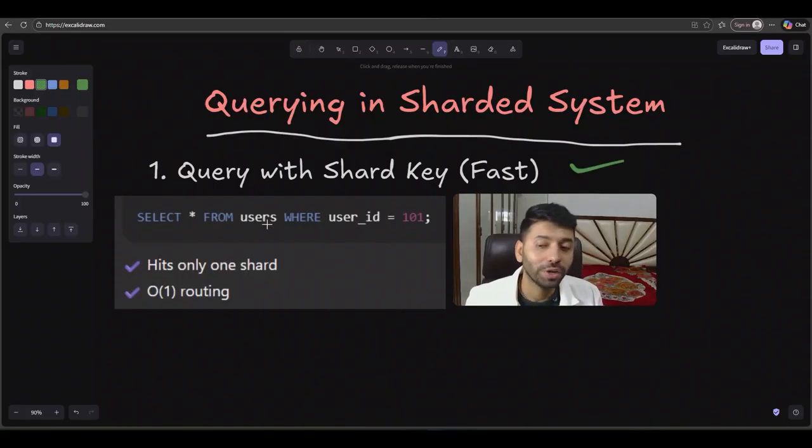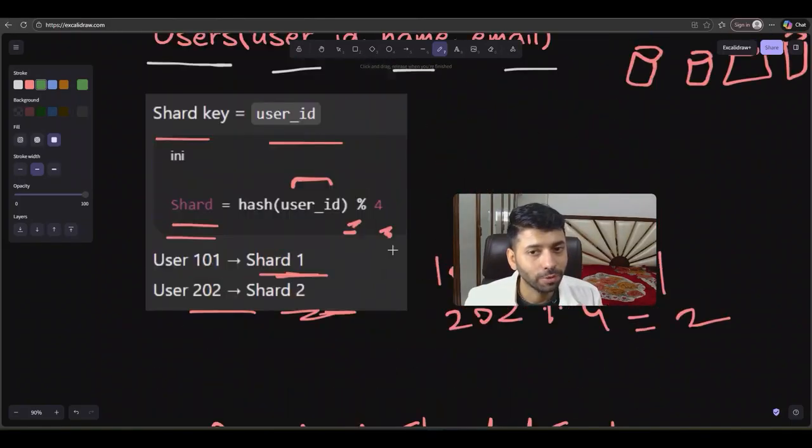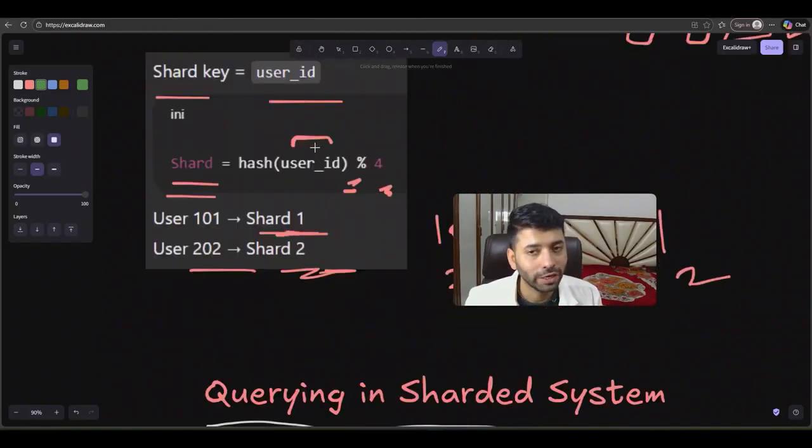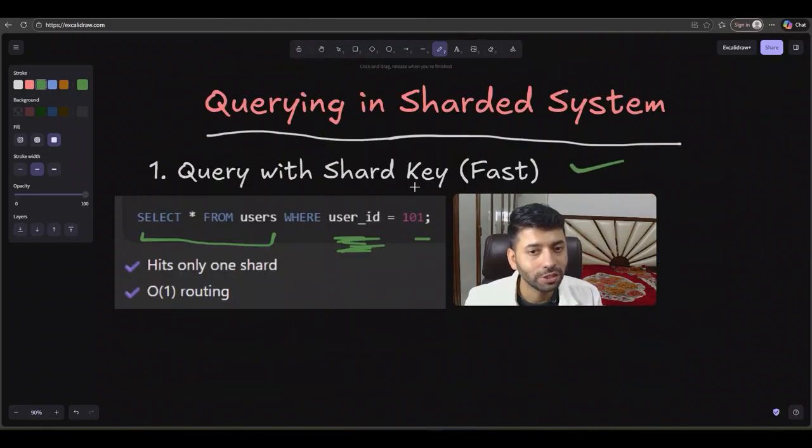Because you will make a query something like this: select star from users where user ID equal to 101, and user ID was our shard key, correct? You remember this? Our shard key was user ID. So we are querying with the shard key, and based on the shard key you will get to know your shard.